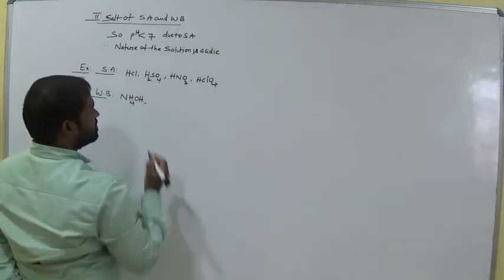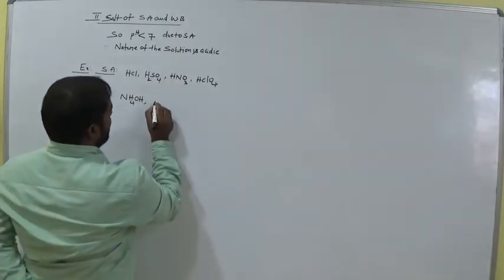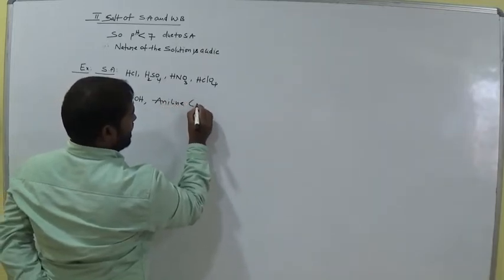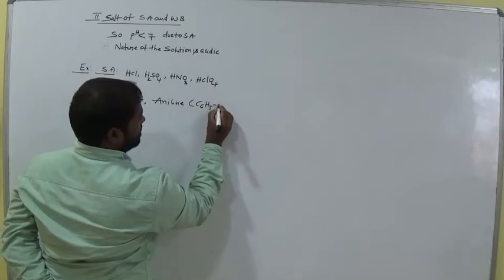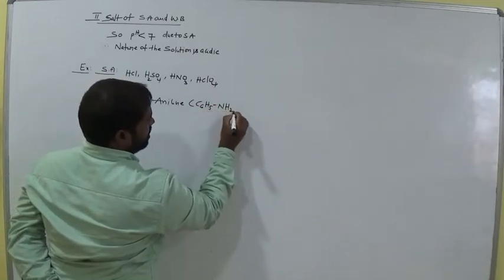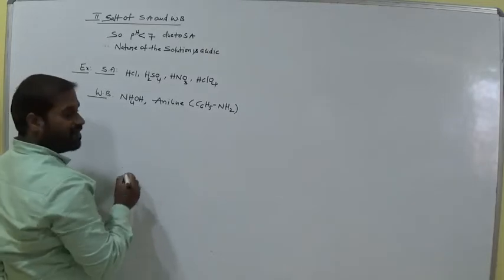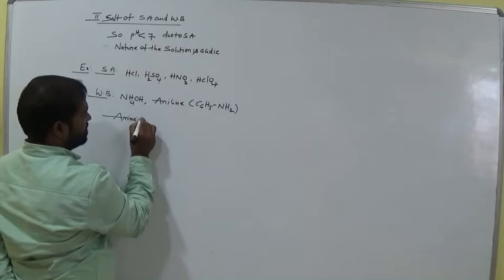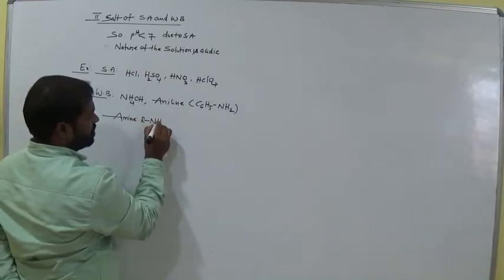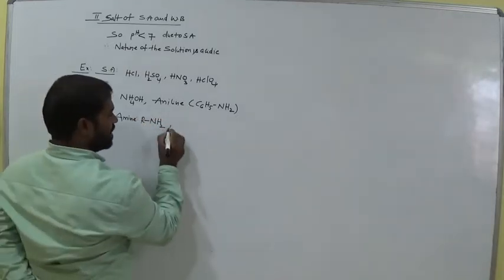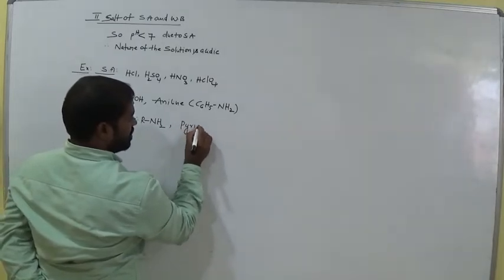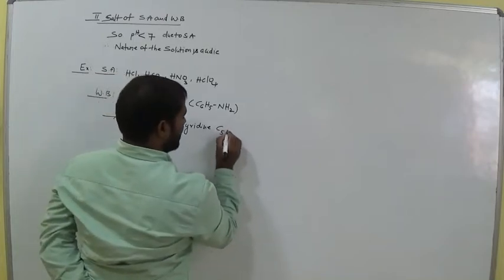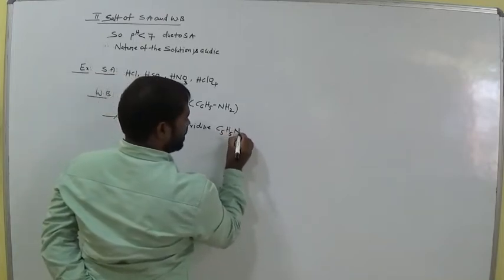Clearly, and aniline, the formula of aniline is C6H5NH2, aniline, and amines are NH2, amines, and pyridine, the formula of pyridine is C5H5N.